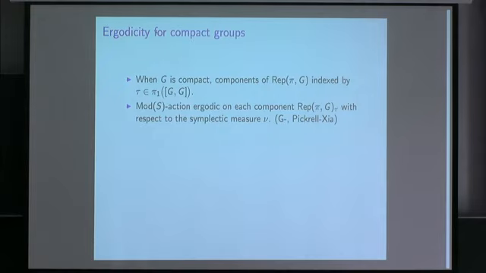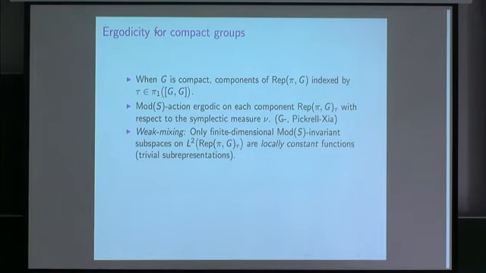In that case, on each connected component, the mapping class group has a nice ergodic action with respect to the measure coming from the symplectic structure. This was first proved for the groups with SU(2) factors by myself, and then proved in general by Pickrell and Xia for arbitrary compact Lie groups.